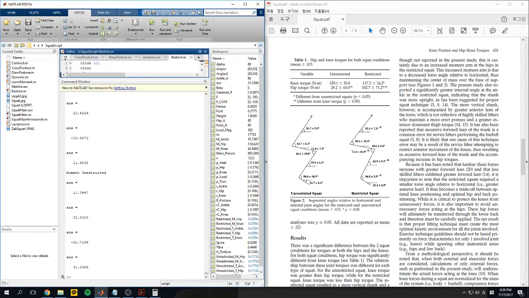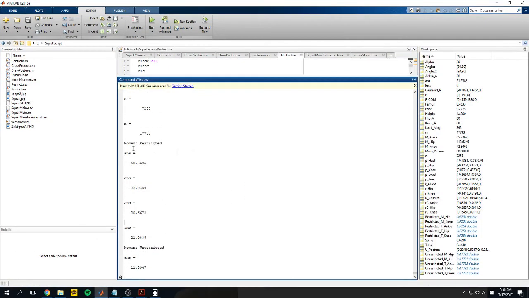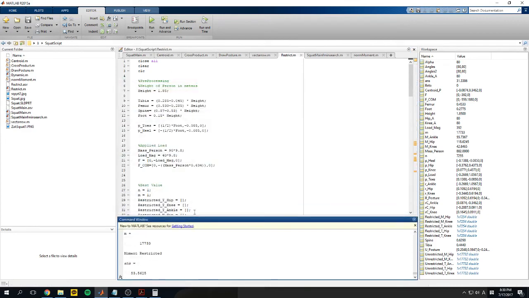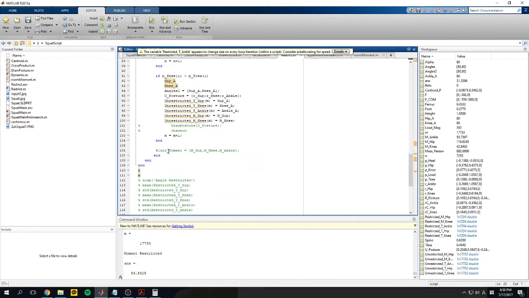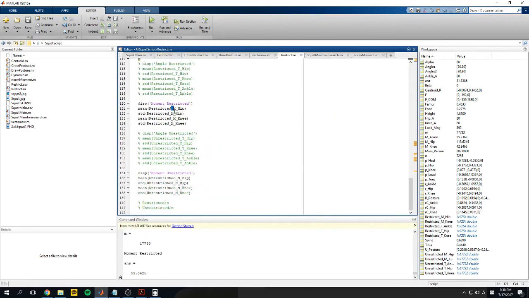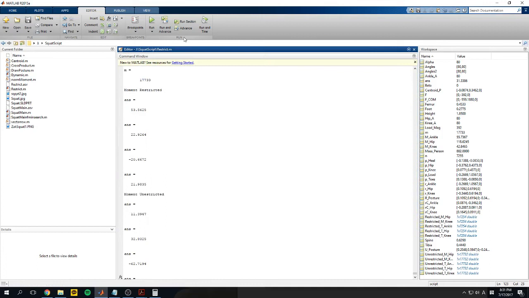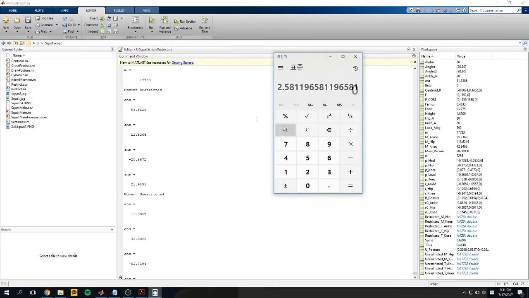Now our result is shown, the moment restricted. The first value that gets shown is the hip, and then the third is the knee for the mean. And the same goes with unrestricted. So for the restricted, the hip torque was around 53.5625. And the knee torque, the magnitude only, is 20.6672.